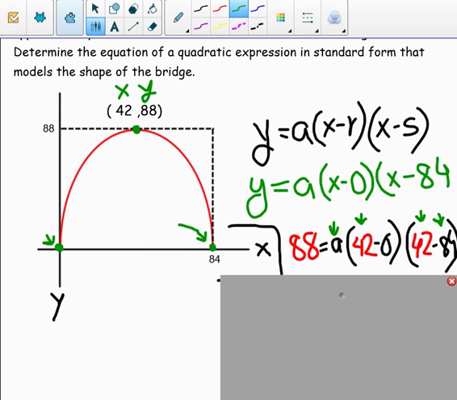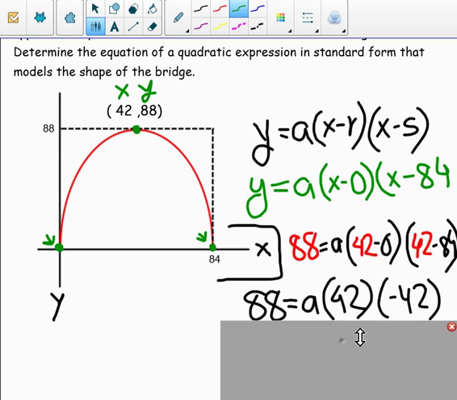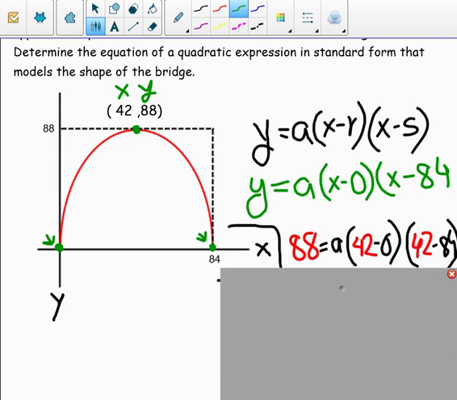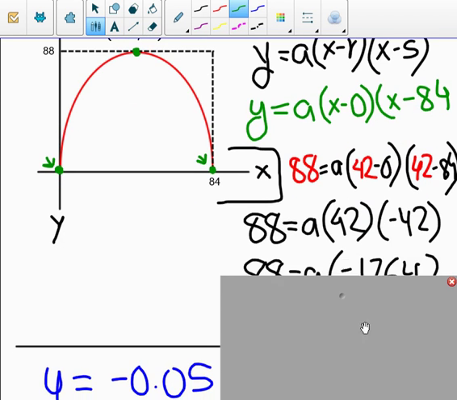Now, after doing this, we will get the equation. So now we have 88 equals a, and we solve for 42 minus 0 is 42, and 42 minus 84 is negative 42. Now moving down, we will solve for this. 88 equals a times negative 1764, because 42 times negative 42 equals negative 1764.